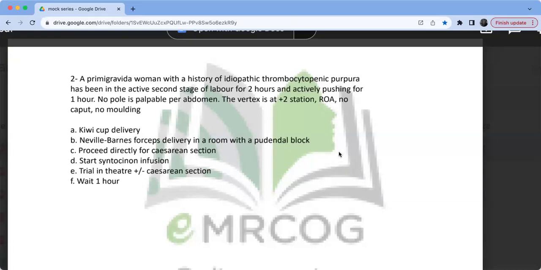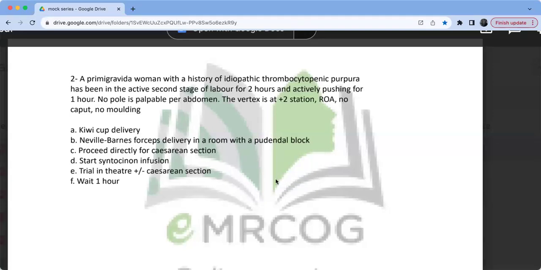Okay, so you remember that algorithm of the guideline of the assisted vaginal delivery? It's not very high risk, Dr. Noha. So what do you remember, my friends?